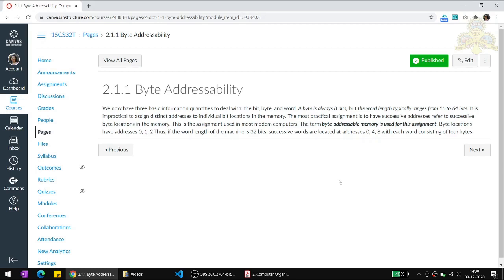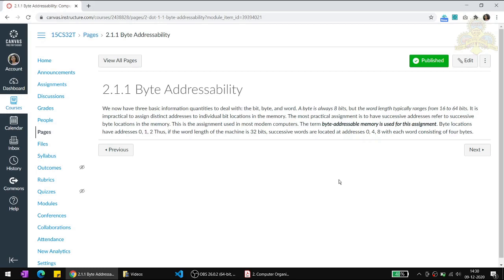It is impractical, or not a good solution, to give distinct addresses to these bits in the memory. The best solution is to give successive addresses. If it starts from 0, then the next would be 1, then 2. Like this we give addresses for these locations, the bytes in the memory.